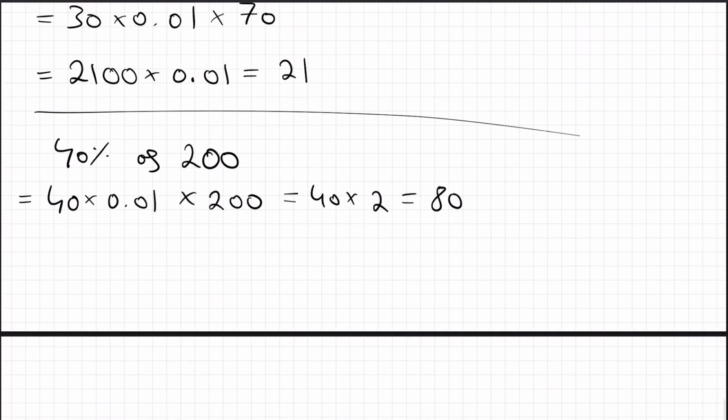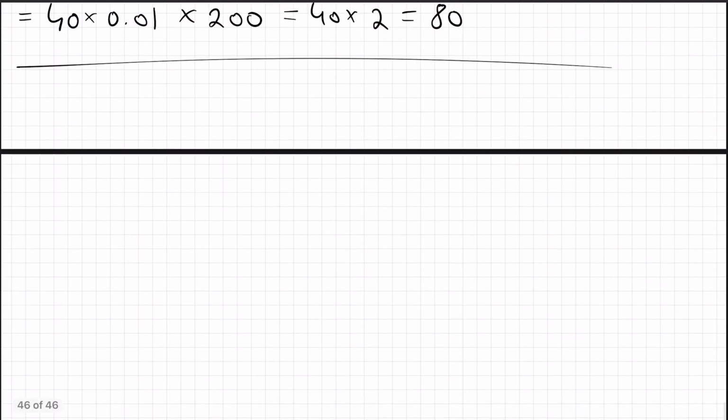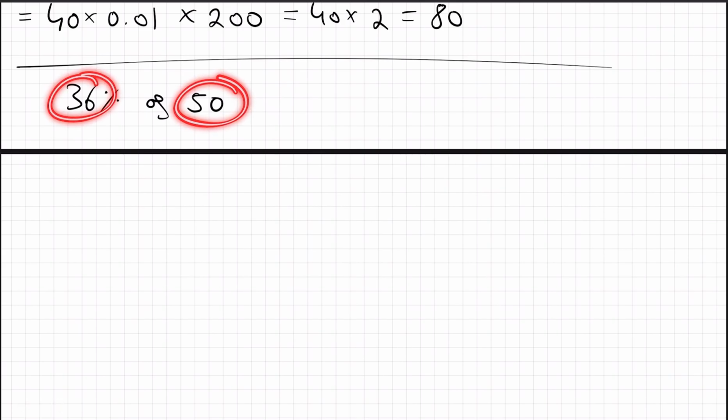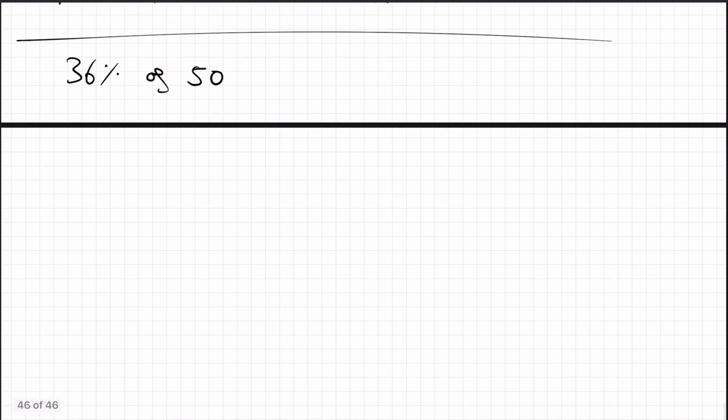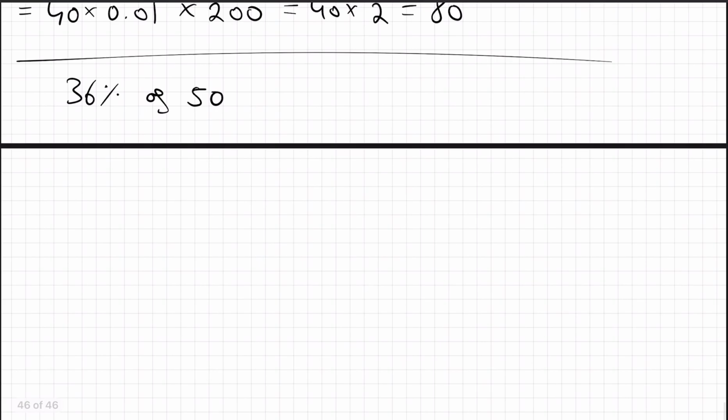There's also some more slightly different ways of doing this. Let's say we were given the calculation 36% of 50. So one trick, which I'm sure you've heard now, is you can actually just replace the order, because if we convert these to multiply 0.01 and just multiply, we know that we can reverse or switch around the order when it comes to multiplication.